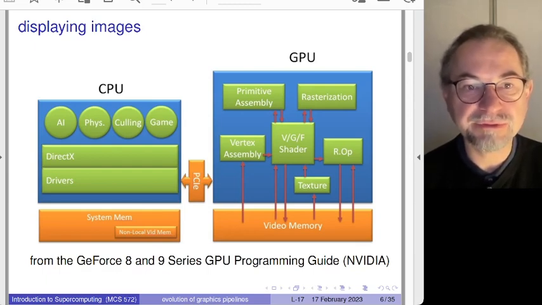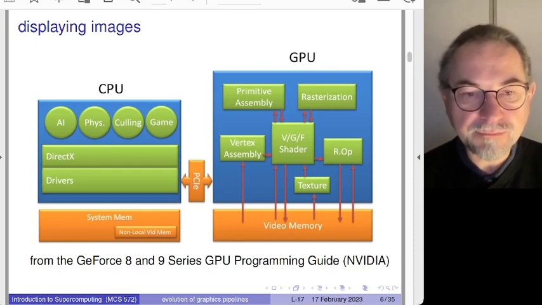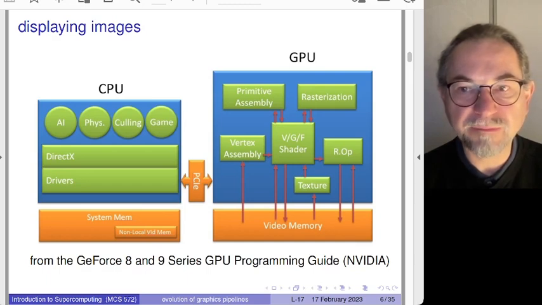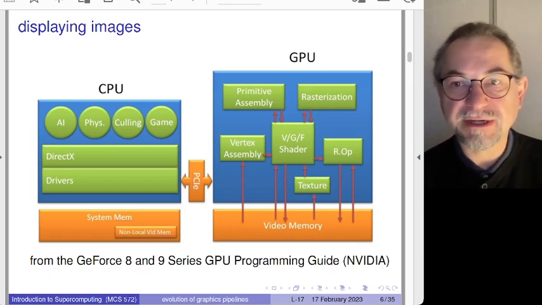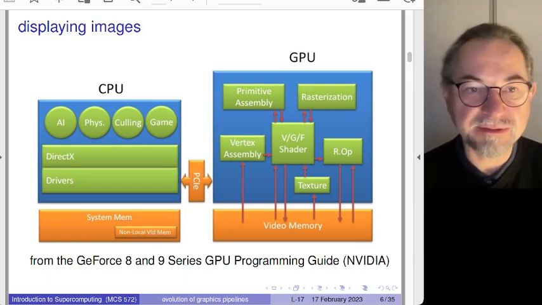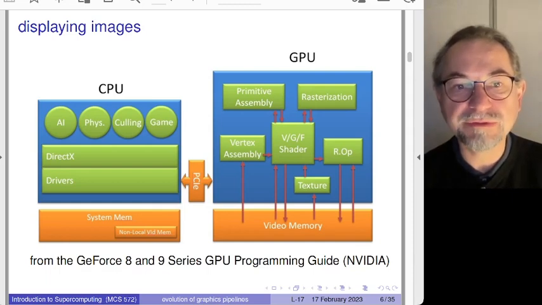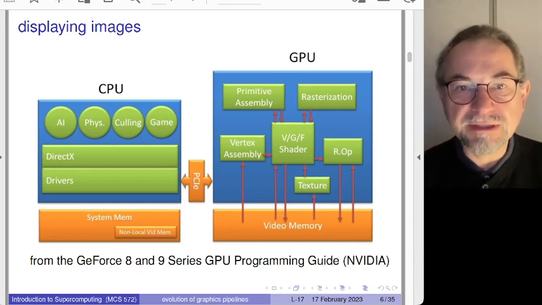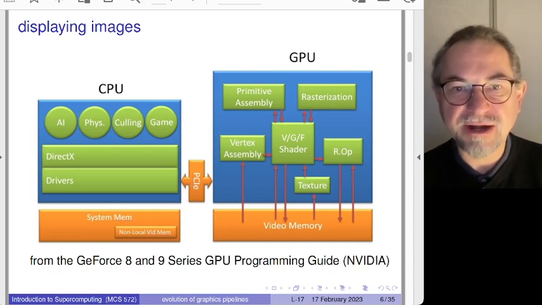So what else do you see in the CPU? So we have the memory, and on top of that we have the drivers and the interfaces that the applications are using. The picture at the other side of the graphics processing unit has all the processors in the pipeline.